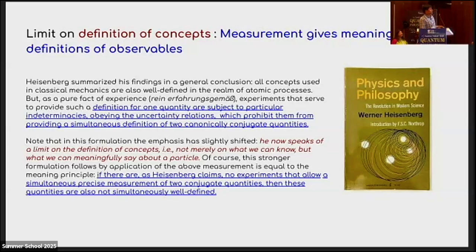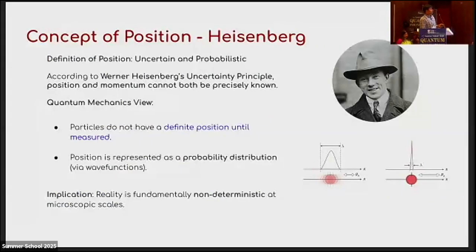He now speaks of a limit of definition of concepts that is not merely about what we can know, but what can be meaningfully said about the particle. He claims that no experiment allows a simultaneous precise measurement of two conjugate quantities, so they are simultaneously not well defined. That is the limitation of our concepts. So the concept of position, from Newton to Heisenberg, became uncertain and probabilistic.